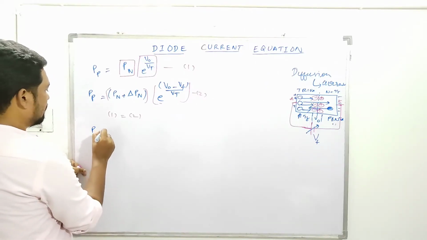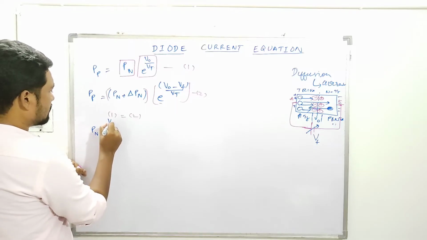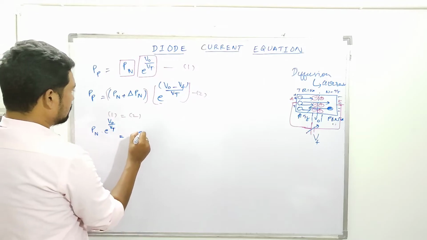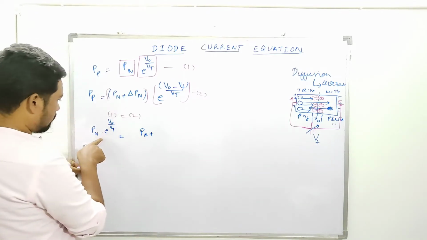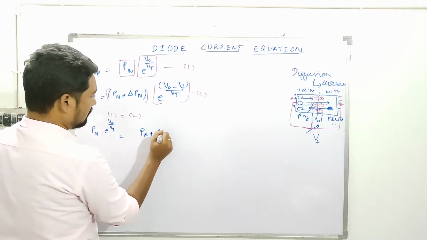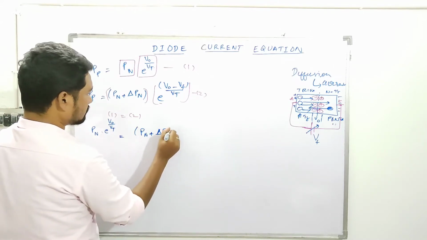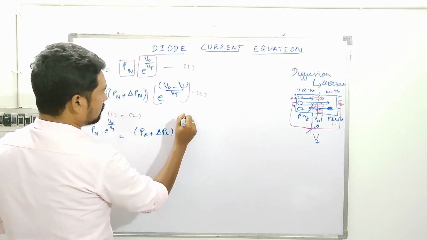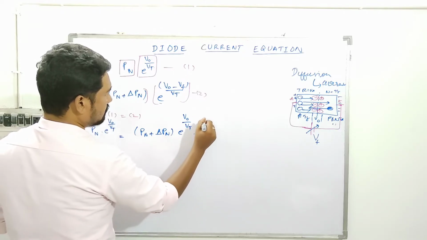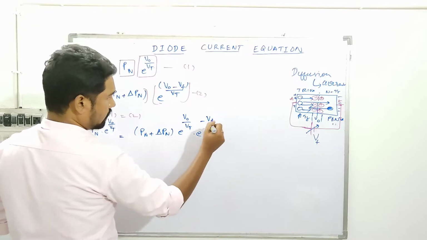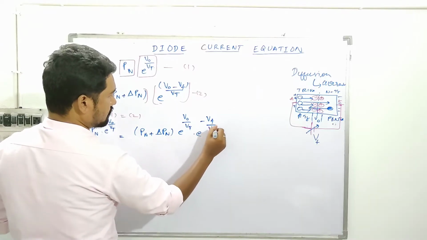So what we have is p_n e raised to V_0 upon V_T will be equal to, from the second equation, equal to equation 1 equal to equation 2, delta p_n into e raised to V_0 upon V_T into e raised to minus V_F, the forward voltage, by V_T.